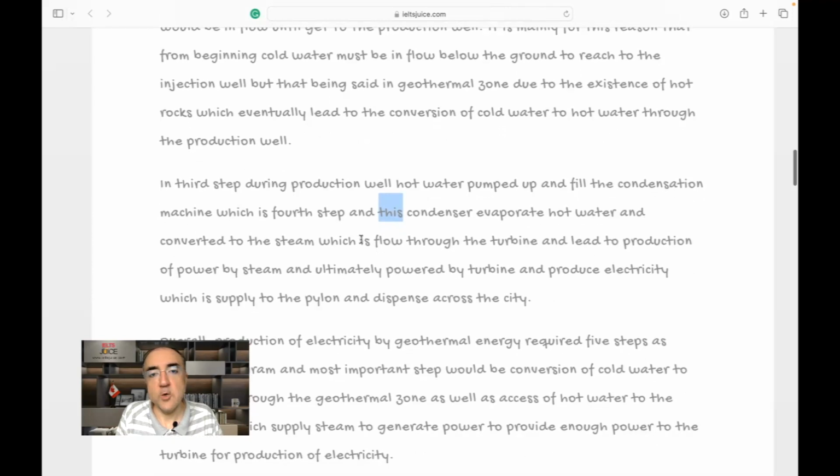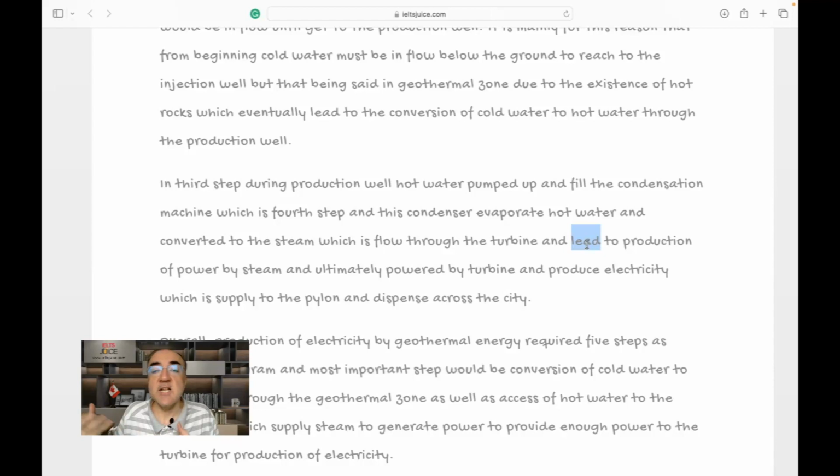which flows, again, flow is a verb, through the turbine and leads and okay, steam doesn't lead, and steam cannot be a tour leader. You know, when was the last time you were on a trip and you saw steam carrying a banner or going to greet you at the airport?